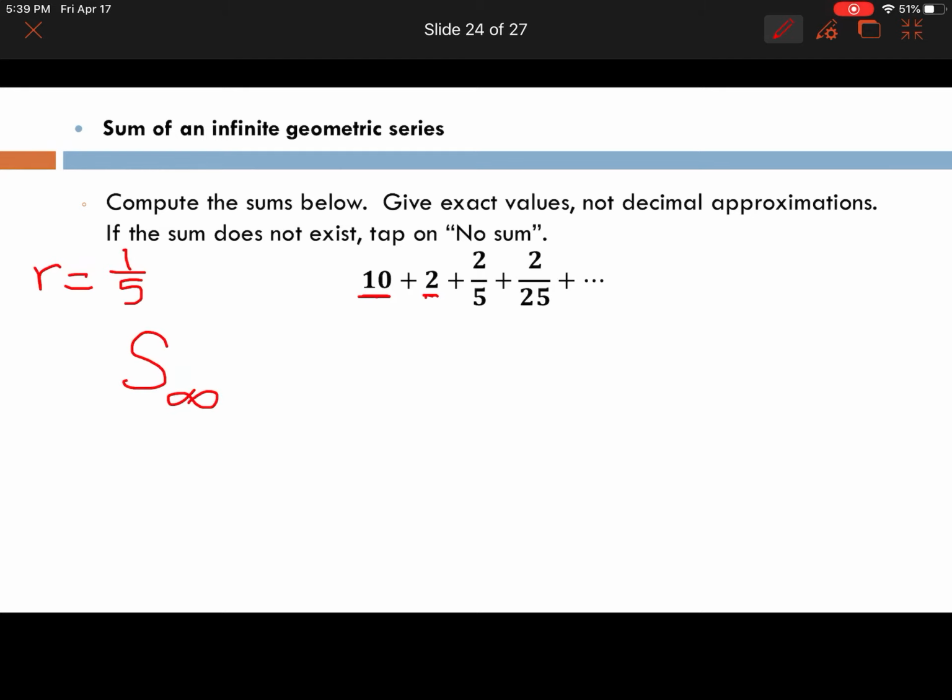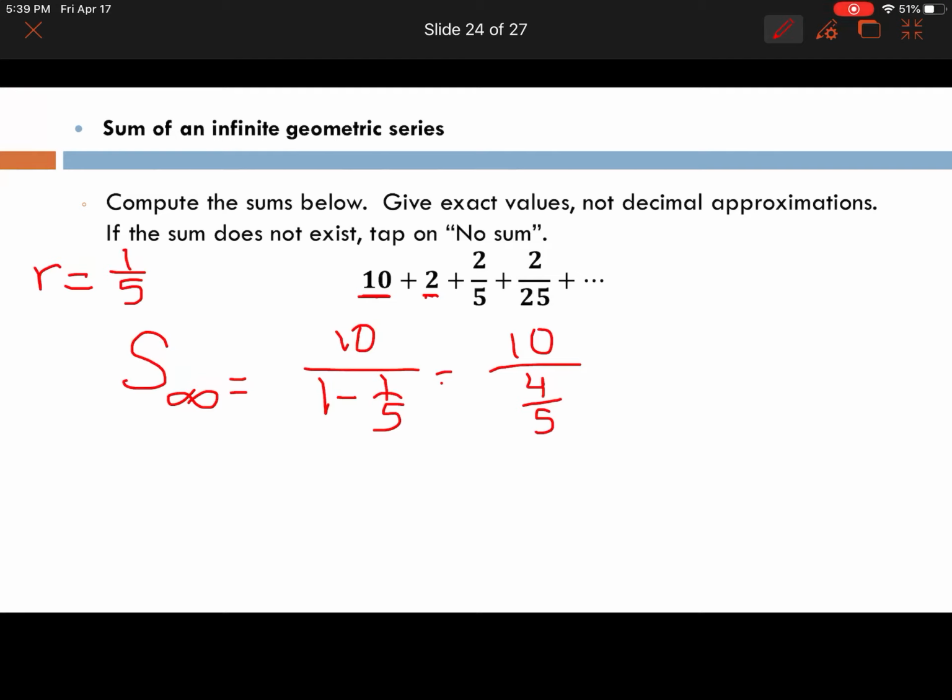So the infinite sum is going to be the first term over 1 minus r. So whenever we have this 1 minus r, you can think about the 1 being 5 over 5, minus 1 over 5. So I've got 10 over 4 over 5.